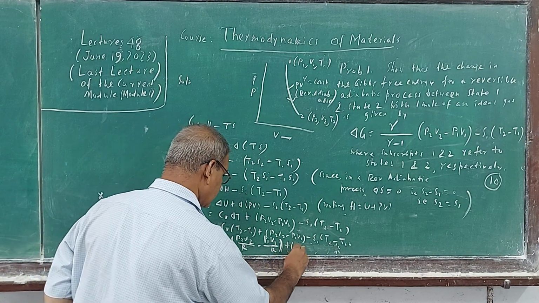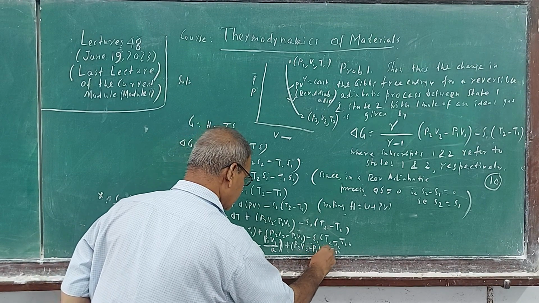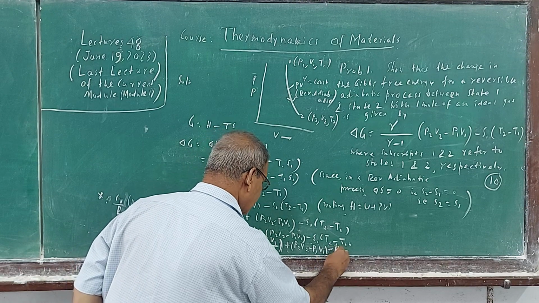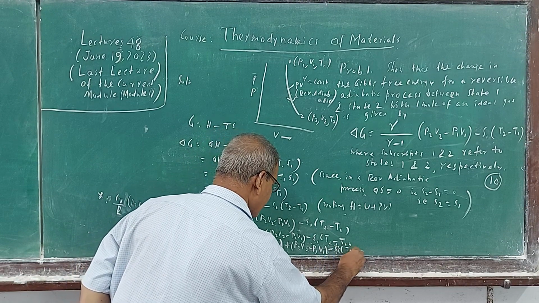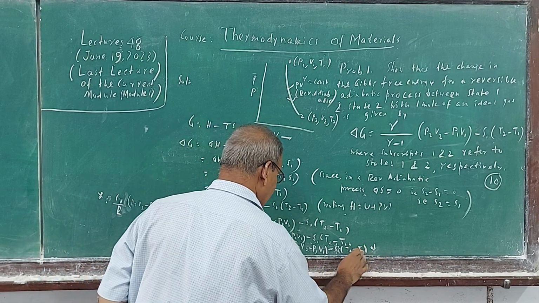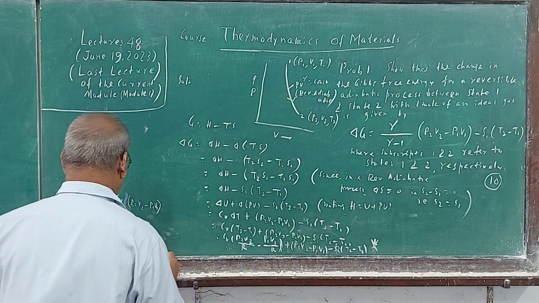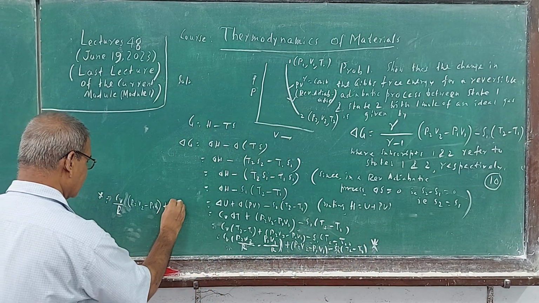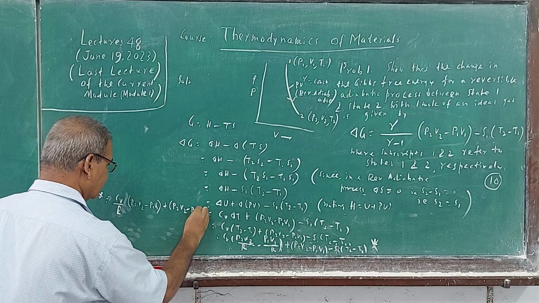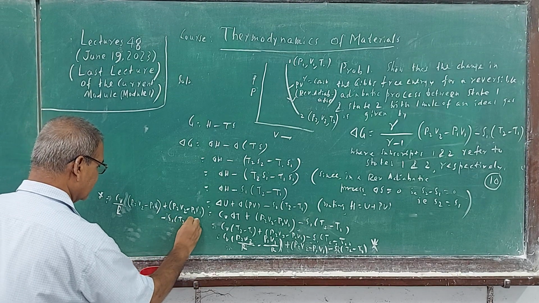Plus P2 V2 minus P1 V1, minus S1 (T2 minus T1). So do it quickly. Plus P2 V2 minus P1 V1, minus S1 (T2 minus T1).